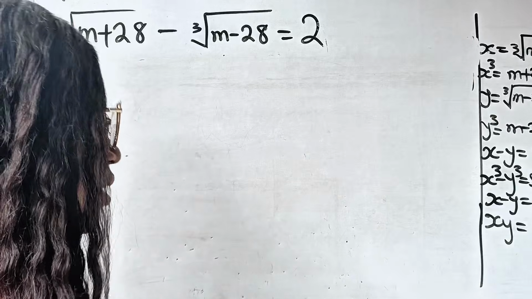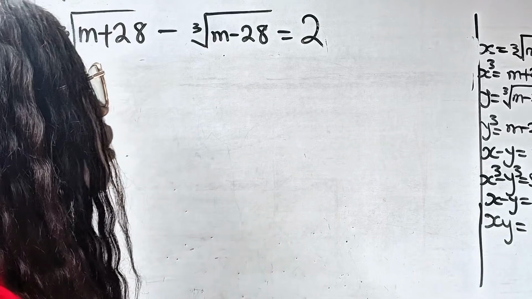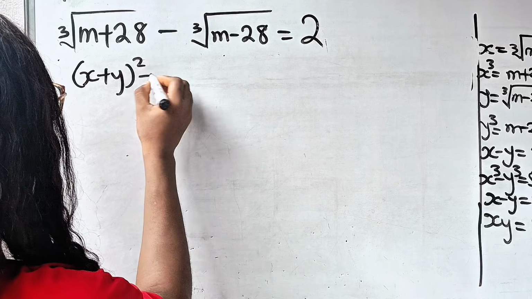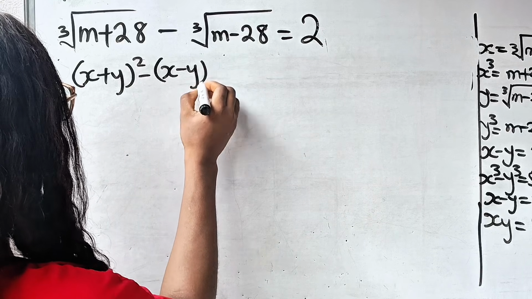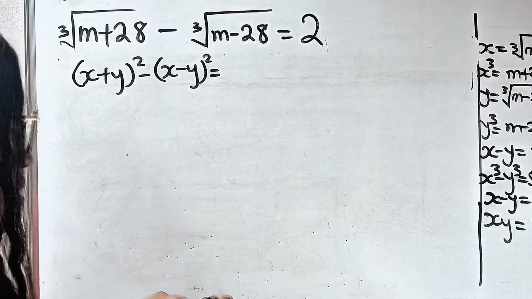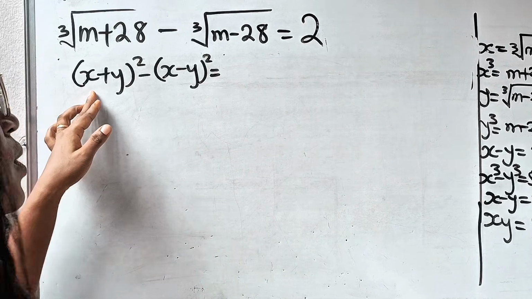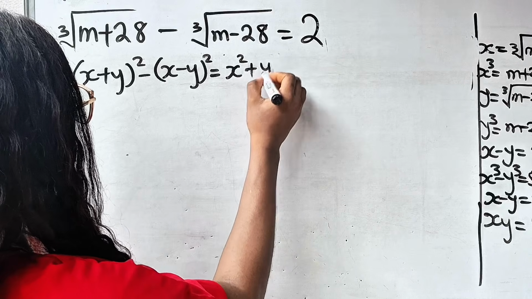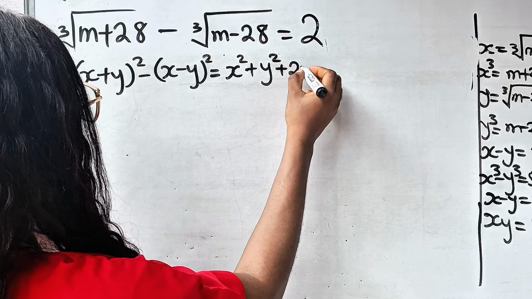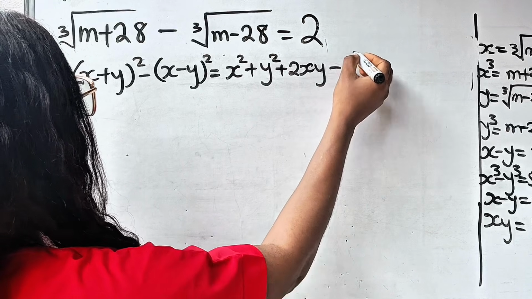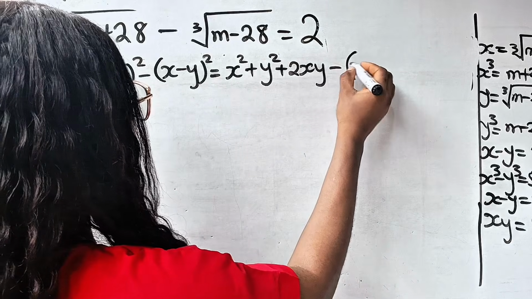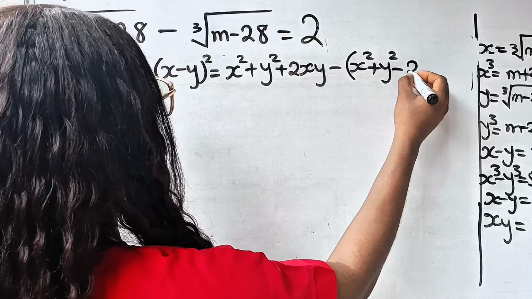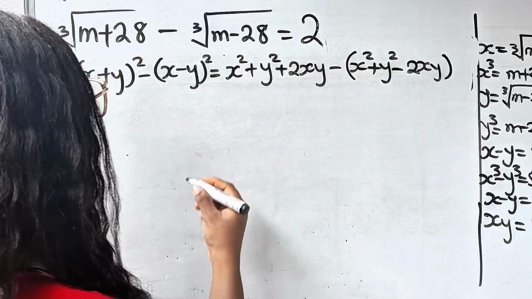Yes. So now recall (x plus y) all squared minus (x minus y) all squared can be written as, now if we expand this, we will have x squared plus y squared plus 2xy minus, then for this I will have x squared plus y squared minus 2xy.